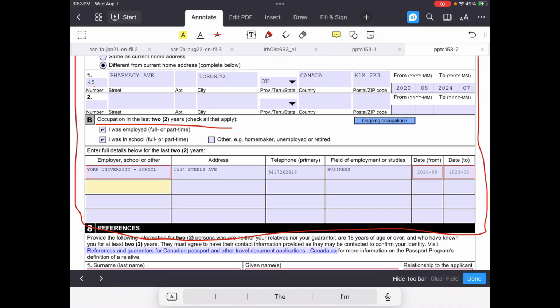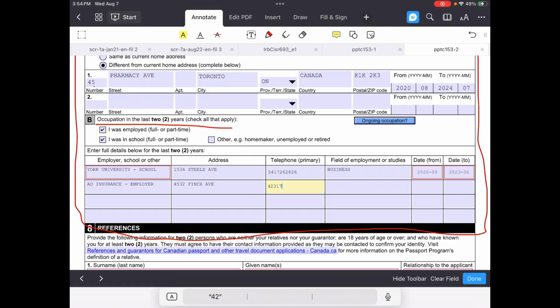Then I'm gonna say after graduation, I got a job at AO Insurance. I'm gonna say employer here. Then I'm gonna give them their address. Let's say it was at Finch Avenue.